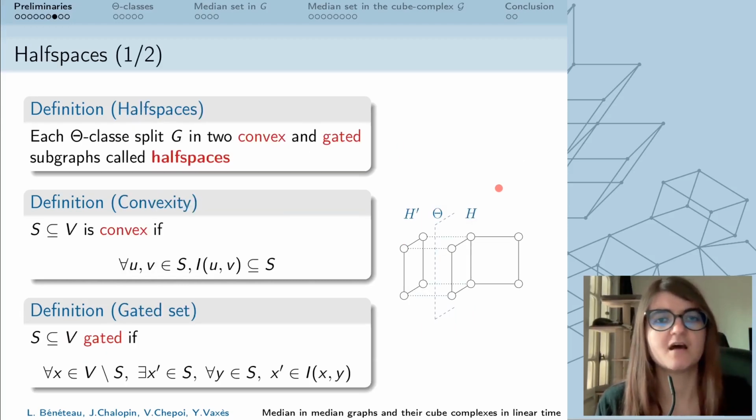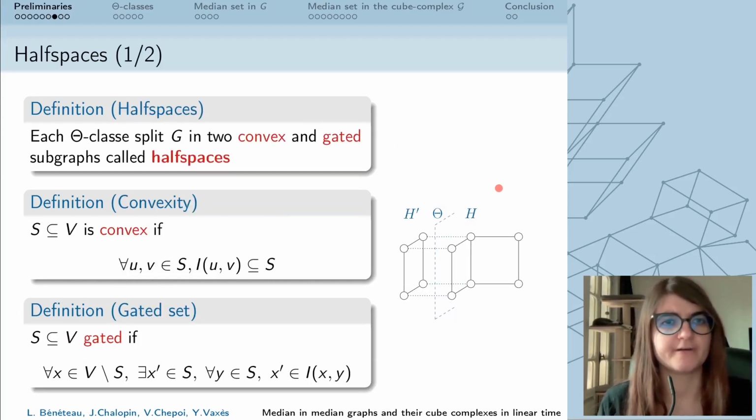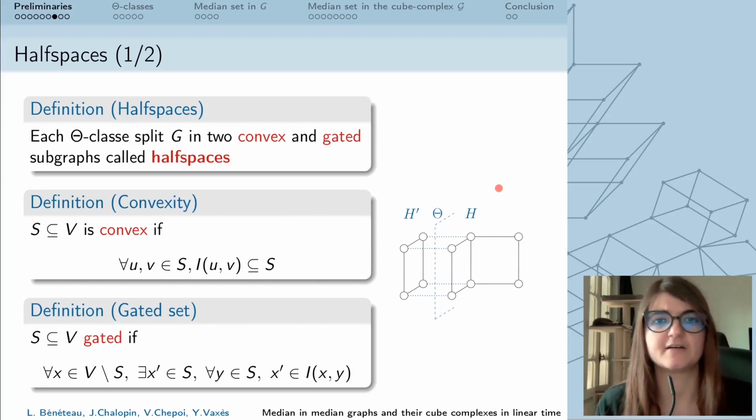If we delete all of the edges of a theta class, we get two subgraphs that are convex, which means that if we take two vertices in a half space, let's say H, then all of the interval between those two vertices is included in H. And they are also gated.